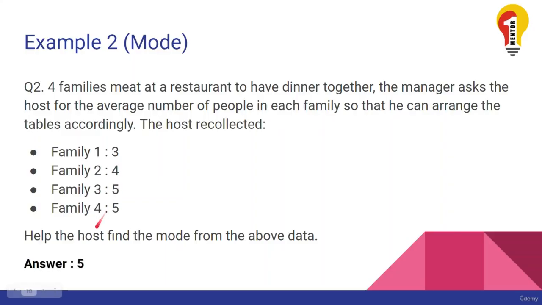So if we take the mode, we can just say, manager, you can have 5 chairs, and if there are fewer people than that, the seats can just be empty. Makes more sense, right? So that's how we have 5 as the best answer for this problem.